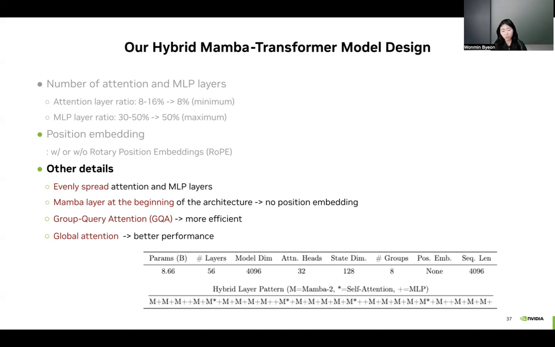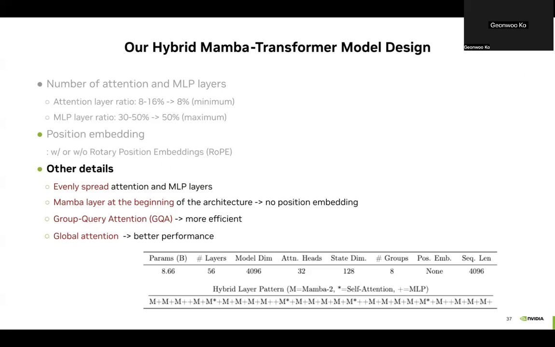But we found that that's actually not necessary, and especially in our case, that small number of attention is enough. So we just put them roughly in the middle to make sure that it gets enough signal, and that's the only thing we did.